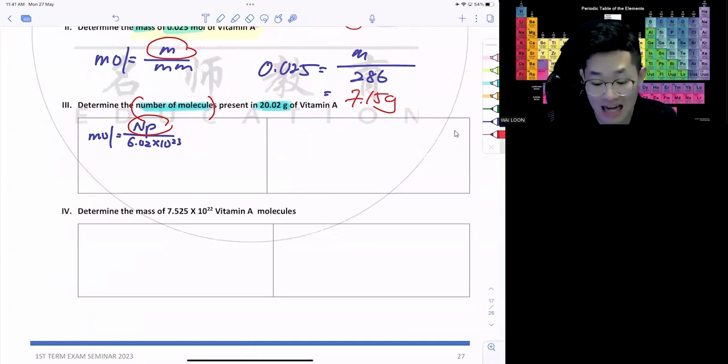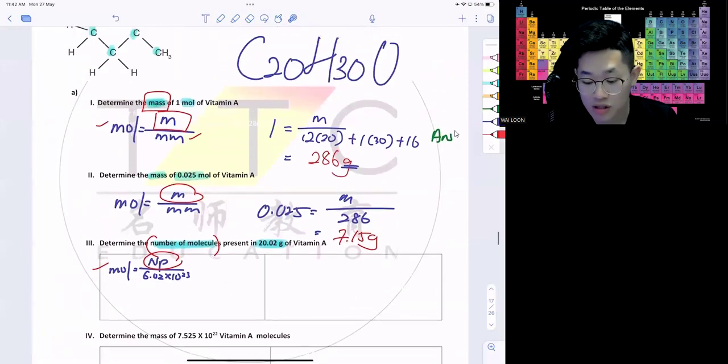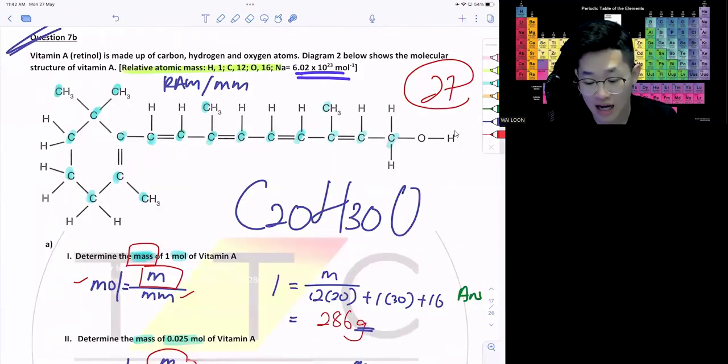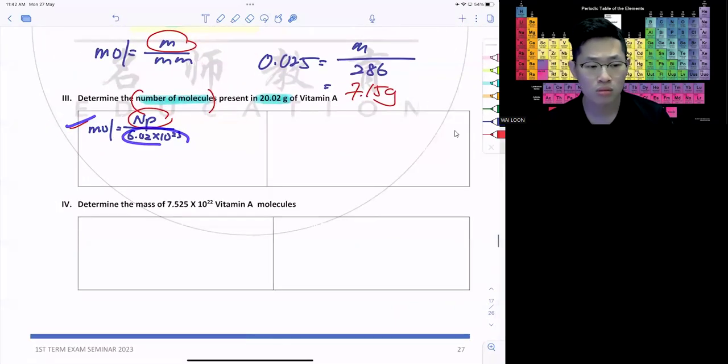NP is number of particles, so number of molecule. That means I have to sub in mole. 6.02 times 10 to the power of 23 is already given as NA. So I have to sub in mole. But do I have mole? No.